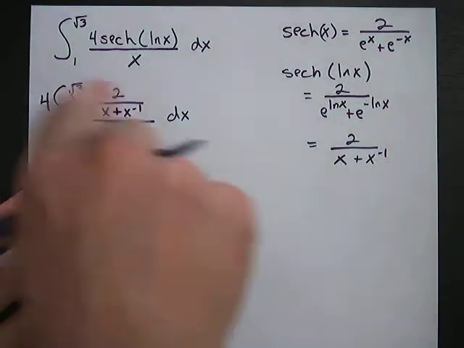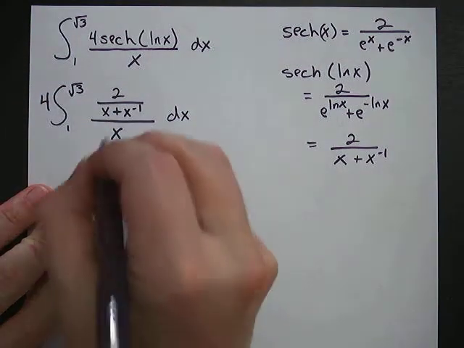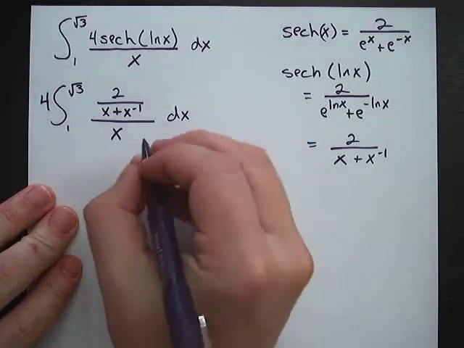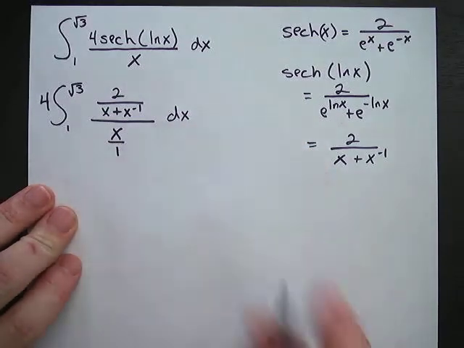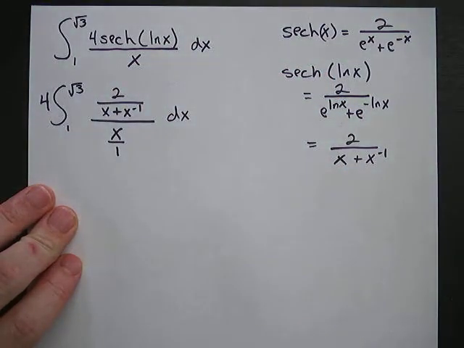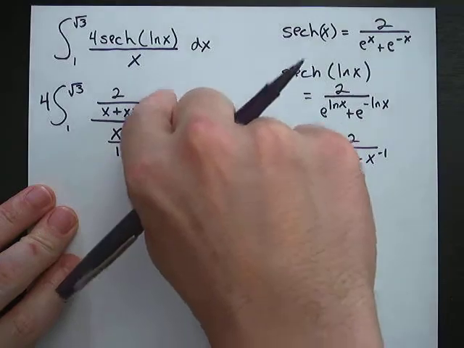Now we can take that 2 out to the front as well. Since this is a complex fraction, we could put a 1 under the 2, then flip and multiply the bottom, so you multiply by 1 over x.